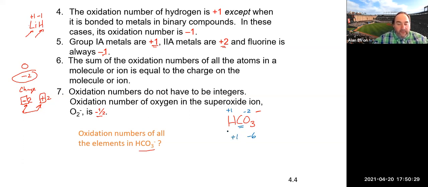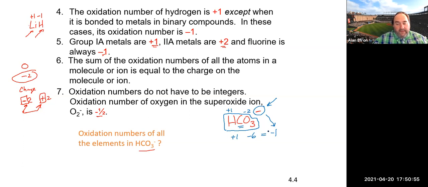Now, when we look at bicarbonate, it has an overall charge of -1, which means when we add up all of our oxidation numbers, it needs to equal -1 when it's all said and done. So quickly doing this math, -6 and +1 is -5.